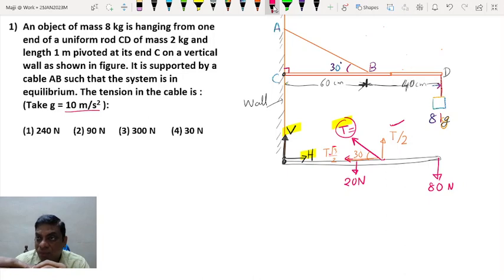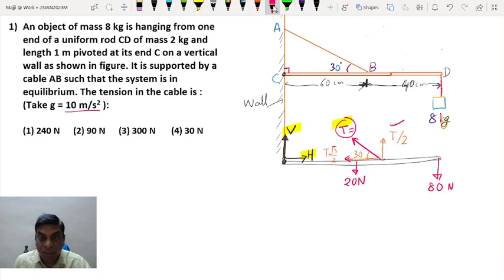On the other hand, if the body is under the influence of three-dimensional forces, then we have to apply the condition of equilibrium along each of the three principal axes, namely x, y, and z, that is, along any three mutually perpendicular directions, right? Then again you have to apply the condition of rotational equilibrium as well. So here, by applying the condition of rotational equilibrium only, you can get the third equation.